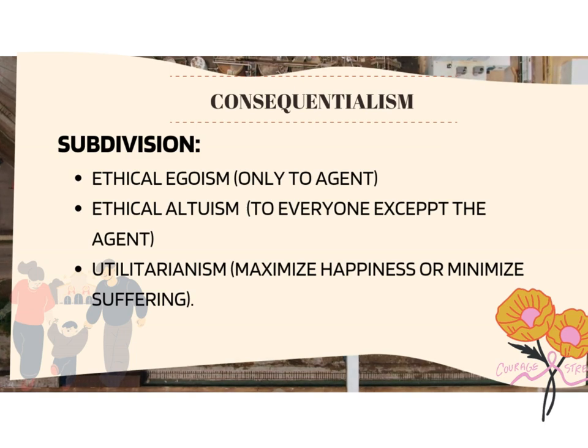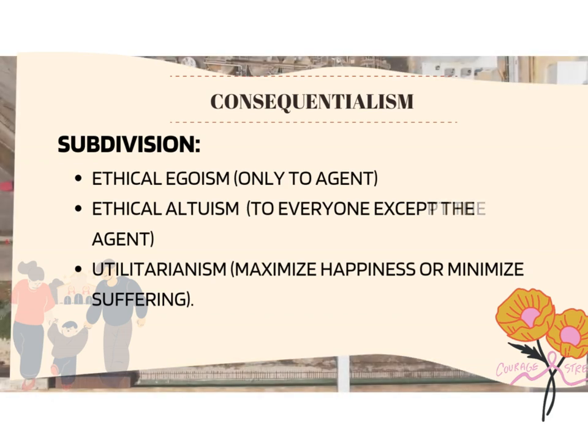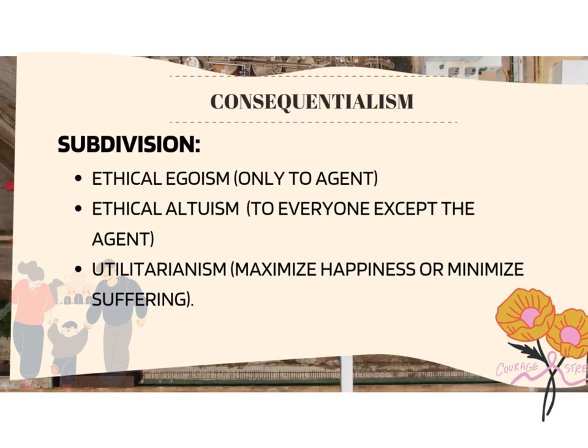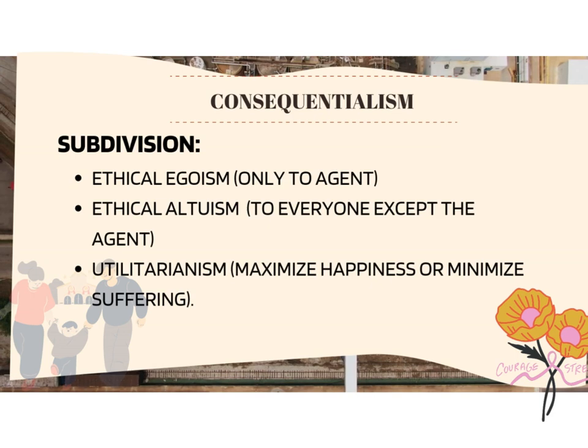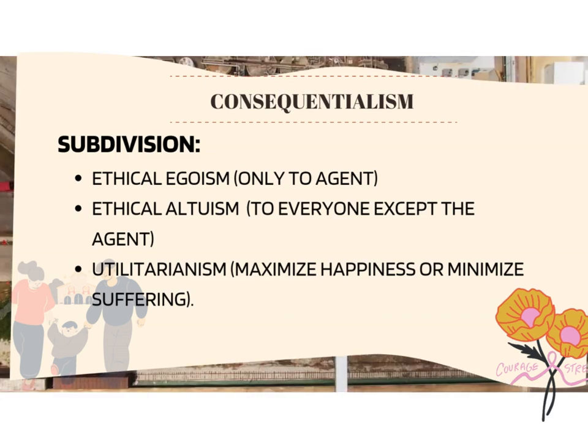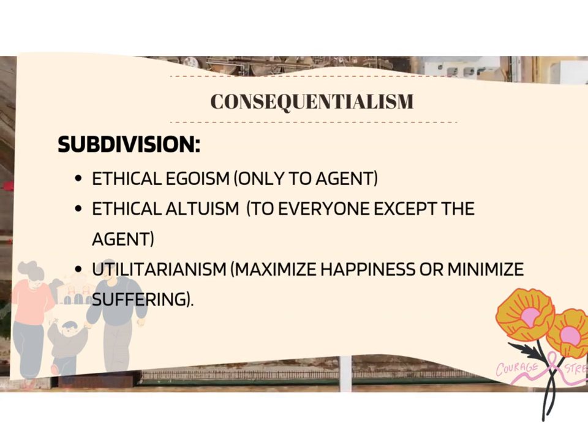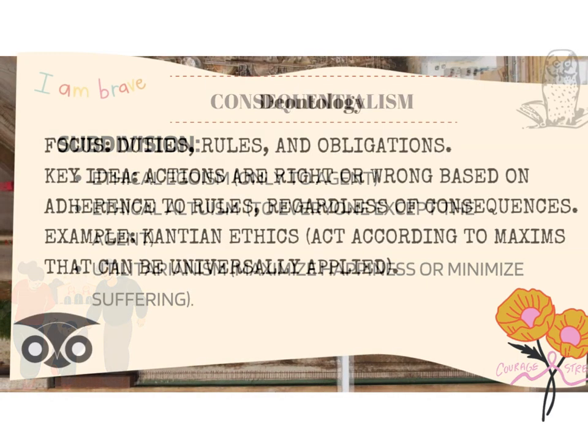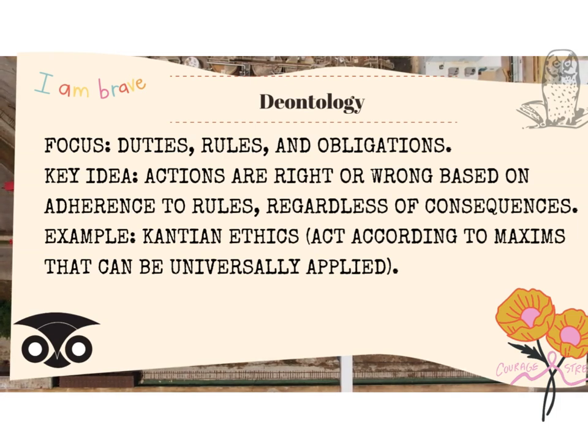Ethical altruism would be the opposite: the consequence of the outcome is favorable to everyone except the agent. So that would be ethical altruism. And in case of utilitarianism, an action would be morally right if the consequence of the action is more favorable to everyone.